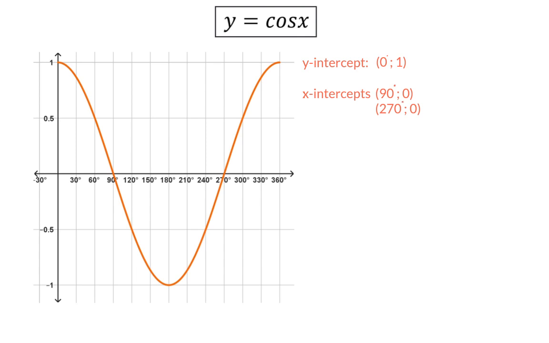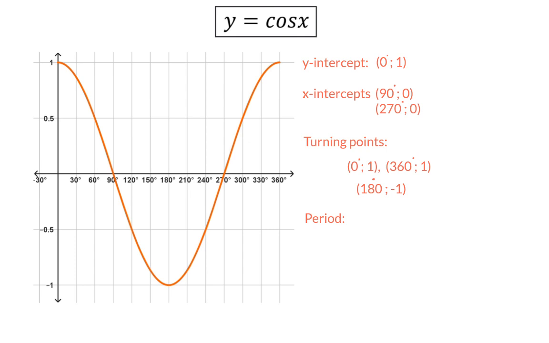Then in this interval from 0 to 360 degrees, we have 3 turning points. Our first turning point is at 0 degrees and our last turning point at 360 degrees, because at both of these points, if the graph was to continue, it would start decreasing again. The more obvious turning point is the one at 180 degrees.